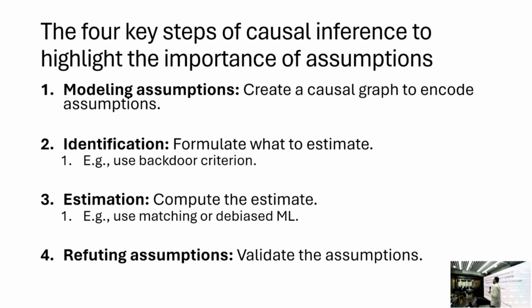Based on that hypothesis, you identify the effect, let's say use backdoor, then you estimate the outcome, let's say you'd use debiased ML. And then once you have got an answer, a scientific answer, you're still trying to refute it using whatever methods you have, right?